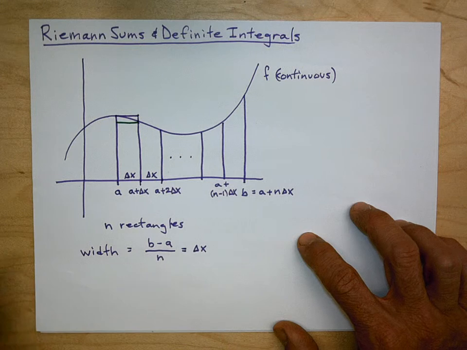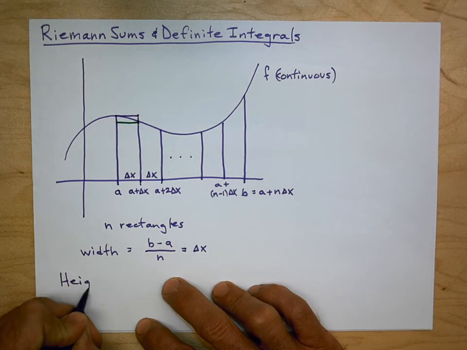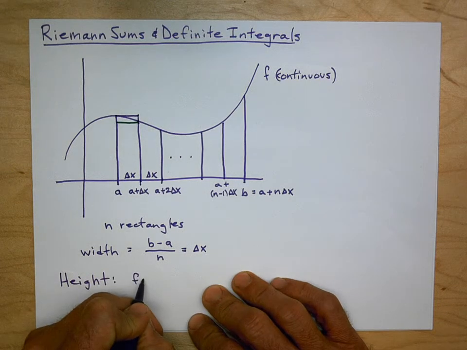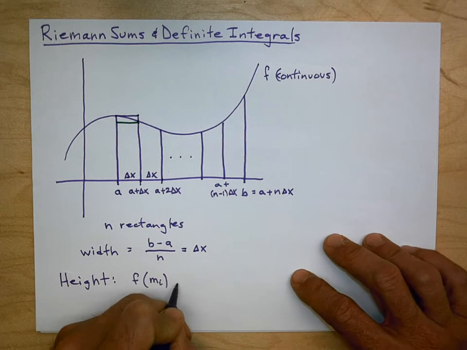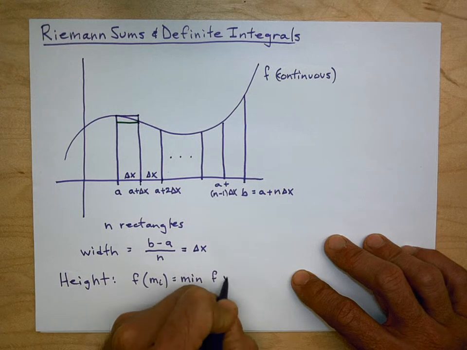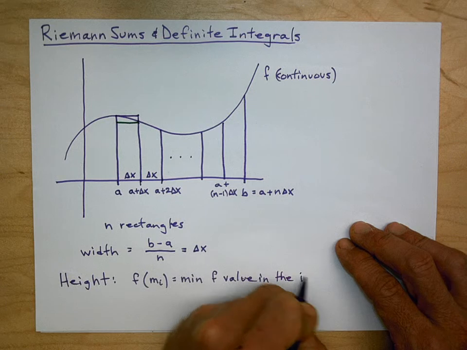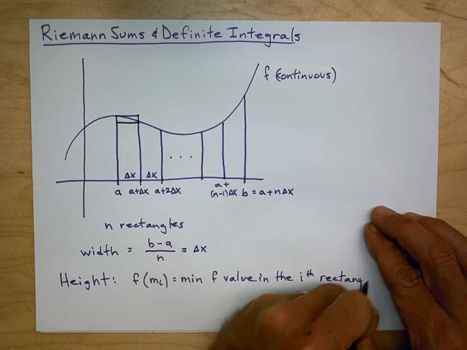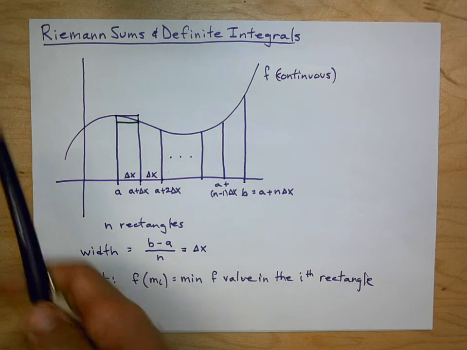So that gives us the endpoints and the widths of these rectangles. But what about the heights of the rectangles? That's what I was just talking about a little bit before. One way to define the height of the rectangle is to take the function value at m sub i, which is the minimum function value in the ith rectangle. Let me talk a little bit more about what I mean by that.